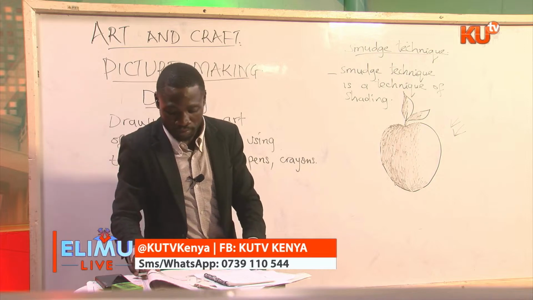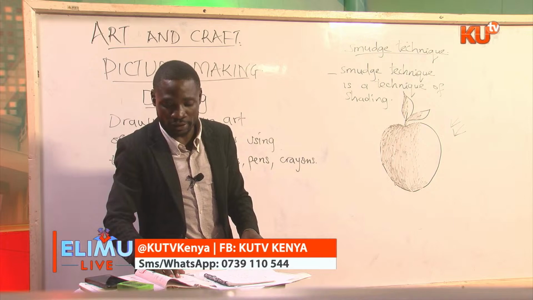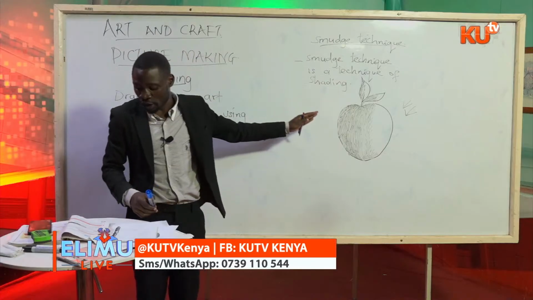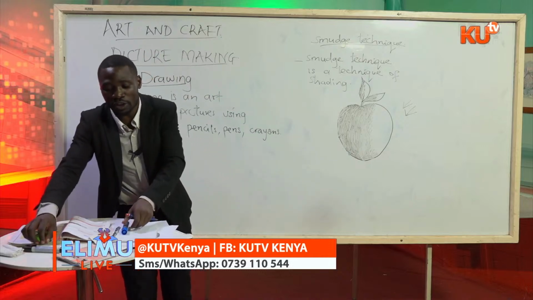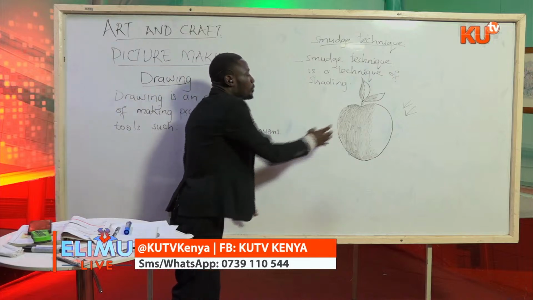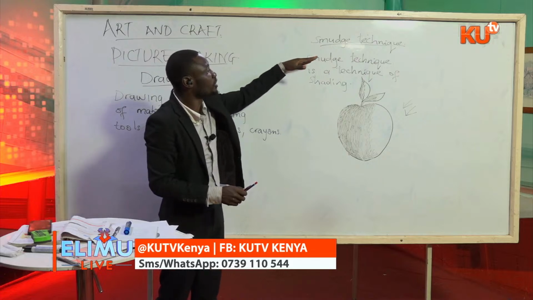We will draw something here to help us come up with a quality value, known as value gradation. What we will draw today is value gradation, and it will help us come up with a good or quality smudge technique.